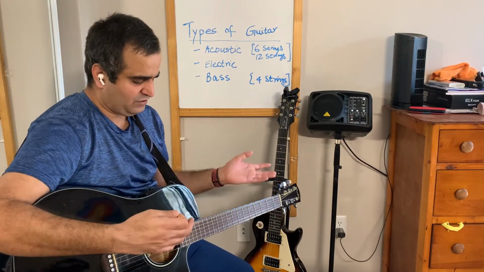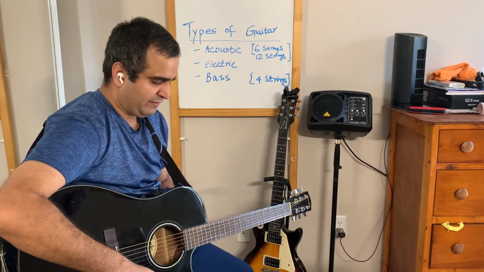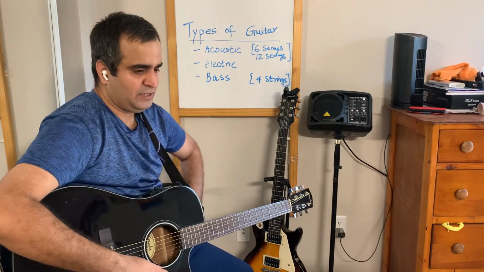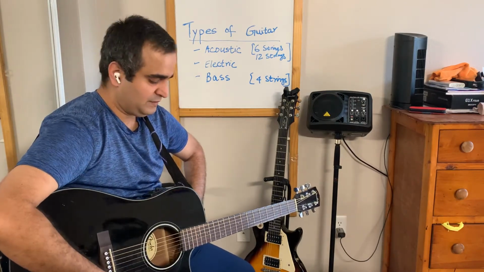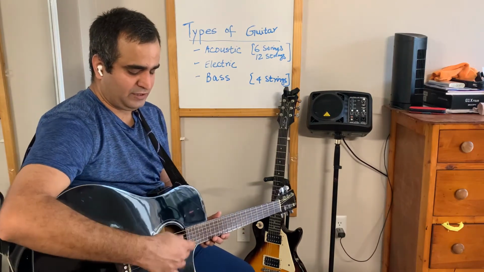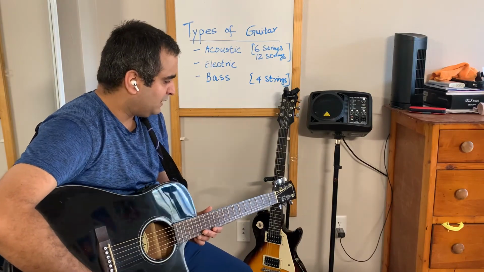But when you're sitting, essentially you don't need a belt. You can actually get rid of it. But this is mostly for when you're standing and performing in a show or somewhere, right? It helps you keep the guitar in a position very comfortable to you, and you can actually focus on your playing. Right. So that's about the parts of the guitar.